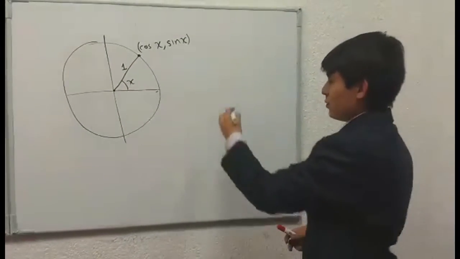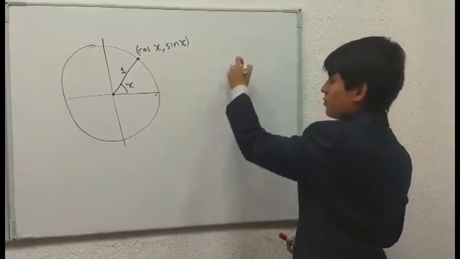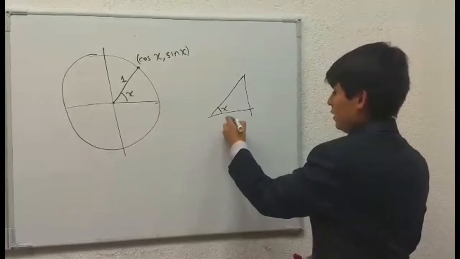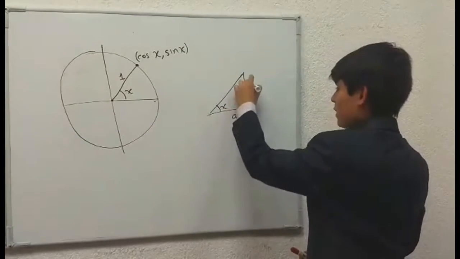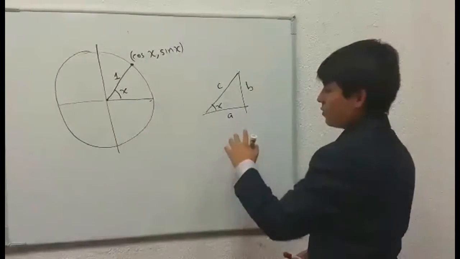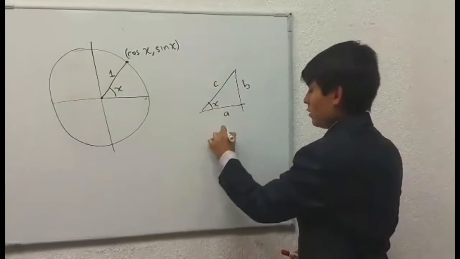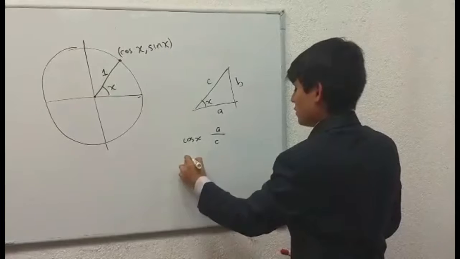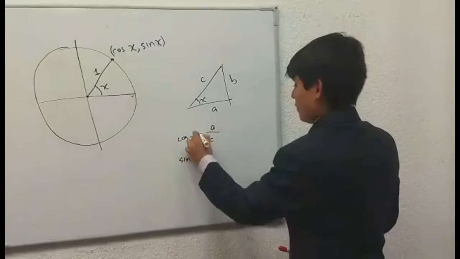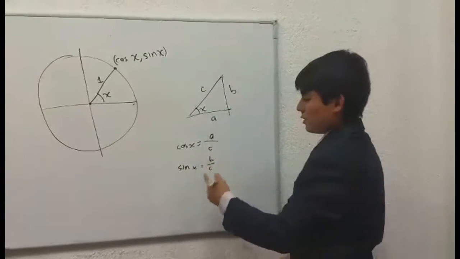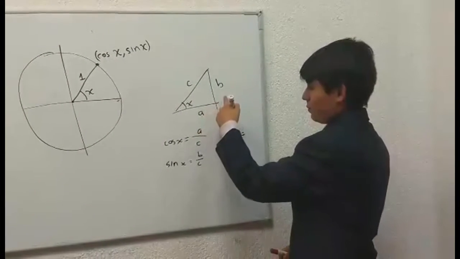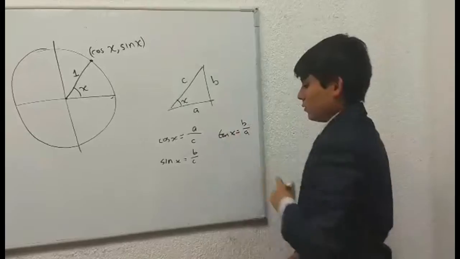This is true because if we consider the triangular definition, if we have x, and so this measures, let's say, A, B, and C, we have that cosine is A divided by C, sine is B divided by C, and the tangent is B divided by A. Right?